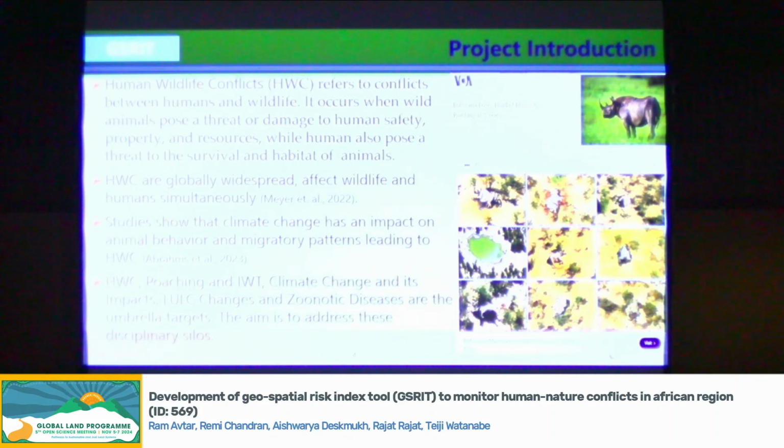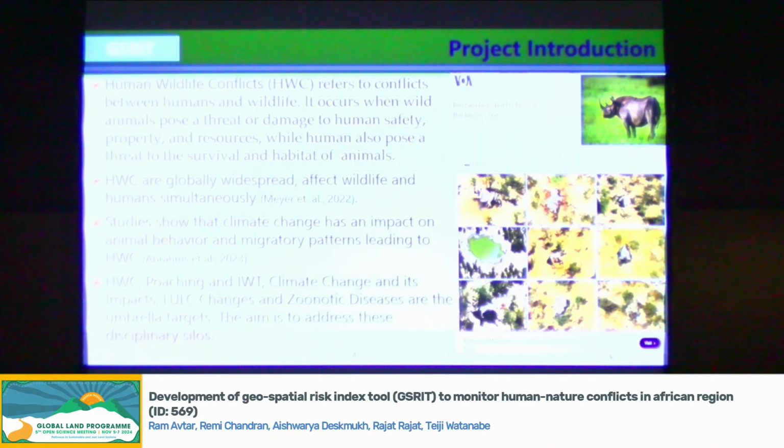The definition of human-wildlife conflict refers to conflicts between humans and wildlife. It occurs when wild animals pose a threat or damage to human safety, property, and resources, while humans also pose a threat to the survival and habitats of animals. So it has negative impacts on both wildlife and human beings.